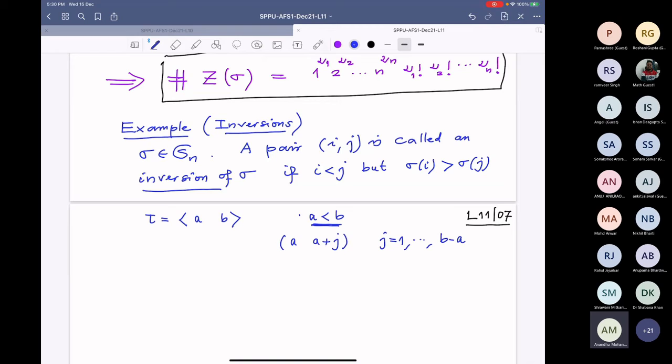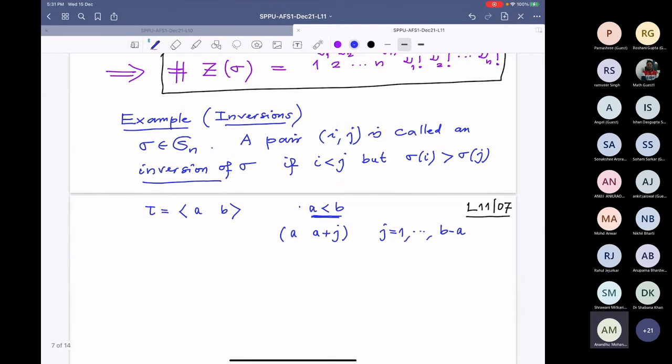Now let us look at these pairs and decide whether they are inversions or not. What do I have to check? I have to check what happens to sigma a and sigma of a plus j, where j is taken up to b minus a only. Sigma of a plus j is b minus a here.